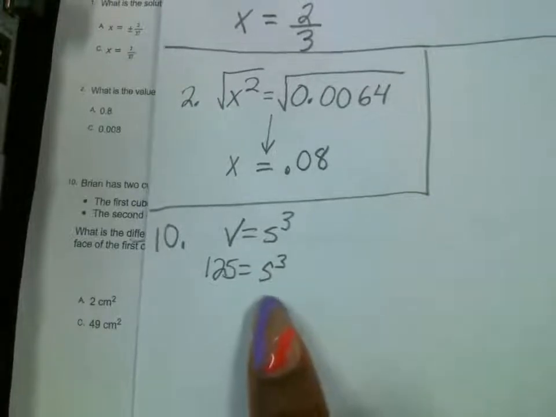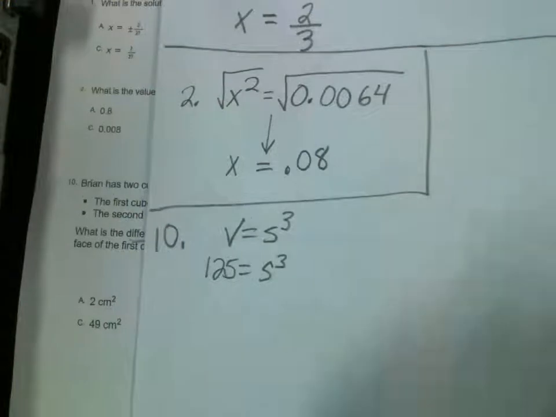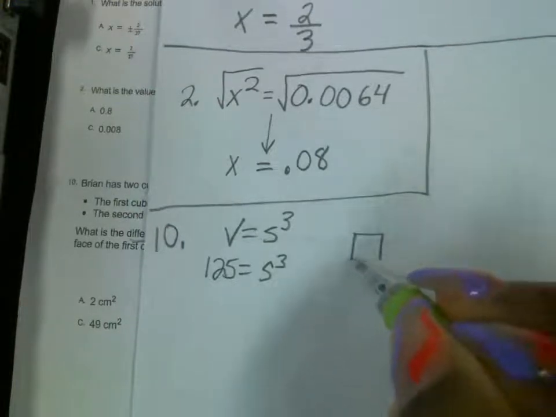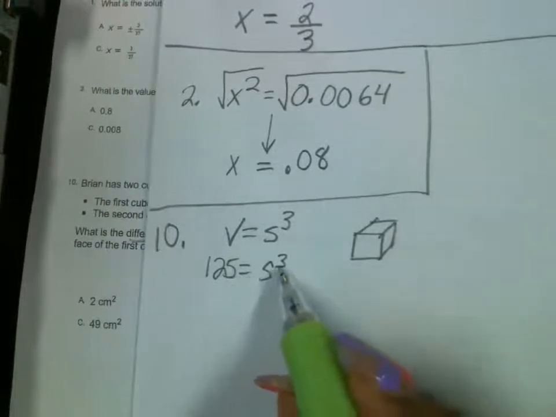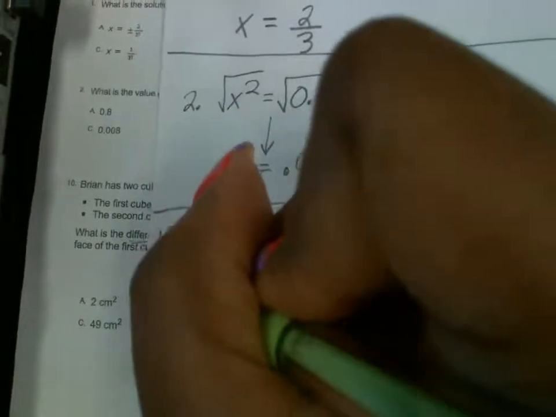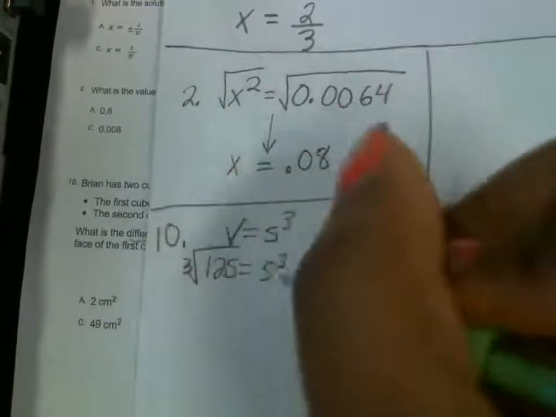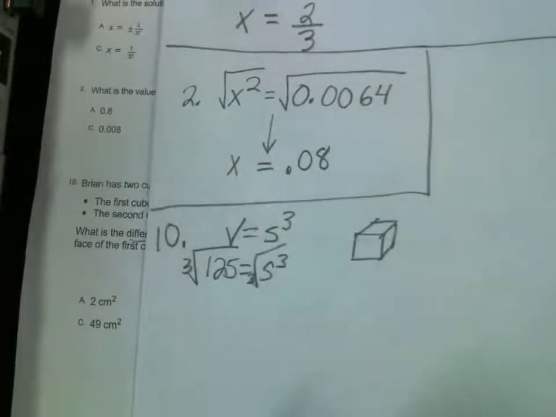So now in order to find S, what one of the side lengths are of the first cube, draw the first cube. We got to get S by itself. And remember, the only way to get S by itself is to get rid of this 3. The opposite of cubing a number is cube root. So this is the symbol for cube root. Okay? A little 3 in the corner.